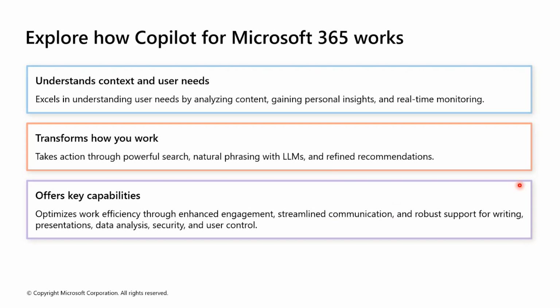And then robust support for writing. You can think of it as a writing assistant. It drafts, edits, summarizes and creates documents more effectively and efficiently. And when it comes to presentations, we can start the presentation with prompts.